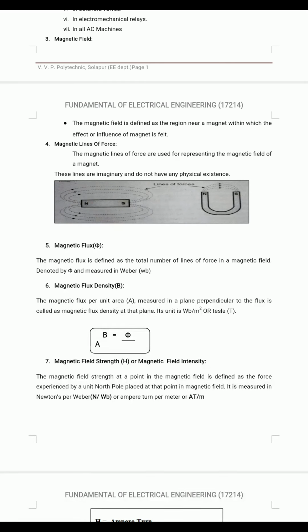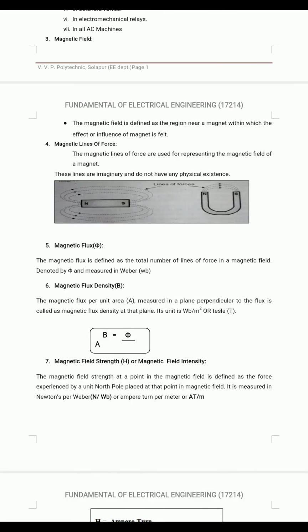Magnetic flux density, it is denoted by B. The magnetic flux density is nothing but the magnetic flux per unit area measured in a plane perpendicular to the flux, and it is called the magnetic flux density at that plane.